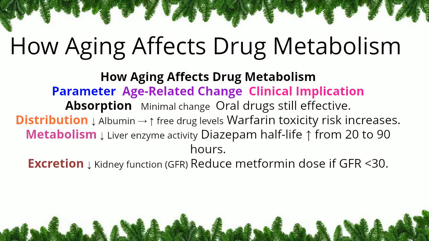Then in terms of distribution of drugs, we find that in the elderly we might have reduced albumin, which might lead to increased free drug levels, because drugs have to bind to albumin so that they are carried to where they are supposed to be used. So here we can have an example of warfarin.